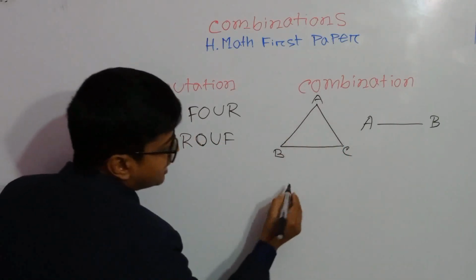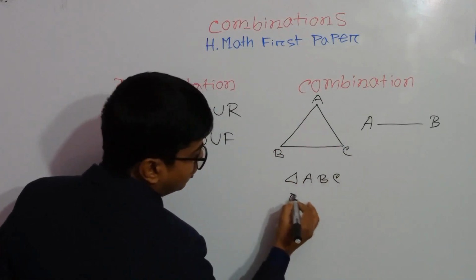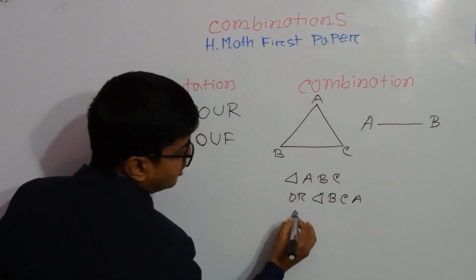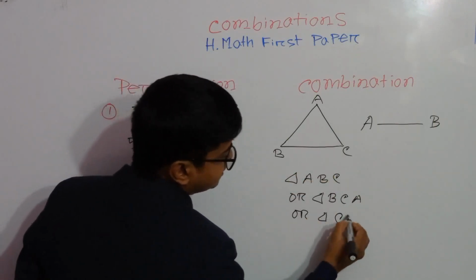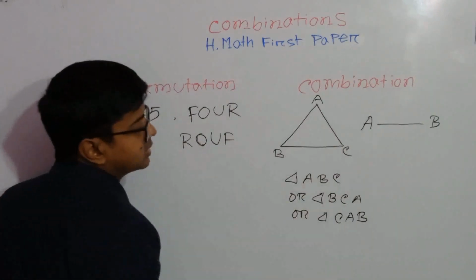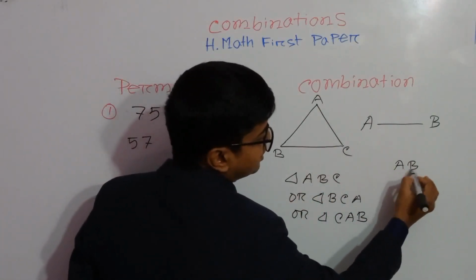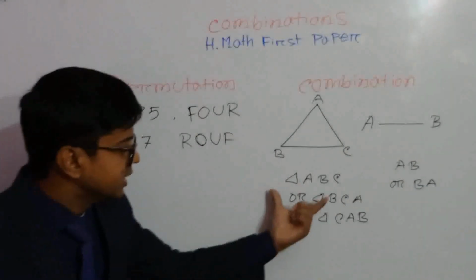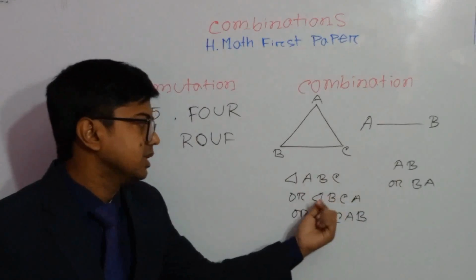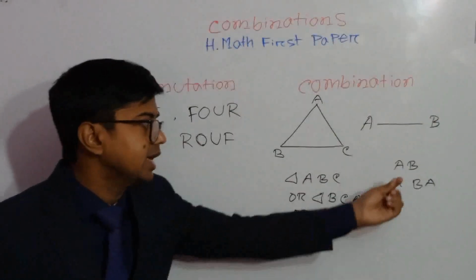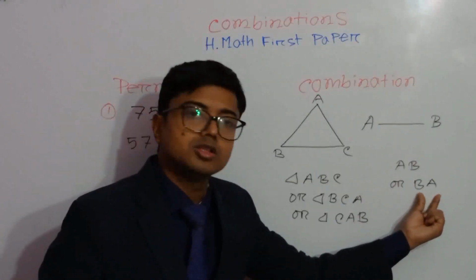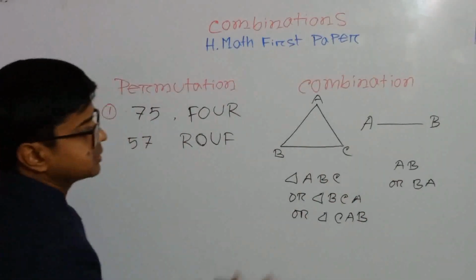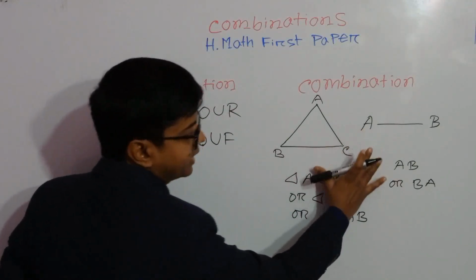For combination, here triangle ABC, or if we write triangle BCA, or triangle CAB, and here AB is a straight line, or BA is a straight line. There is no difference between triangle ABC, BCA and CAB, and AB and BA are both the same straight line. So here order is not a factor.